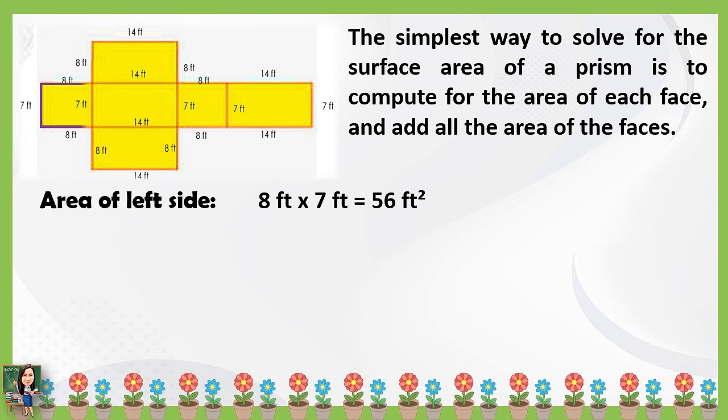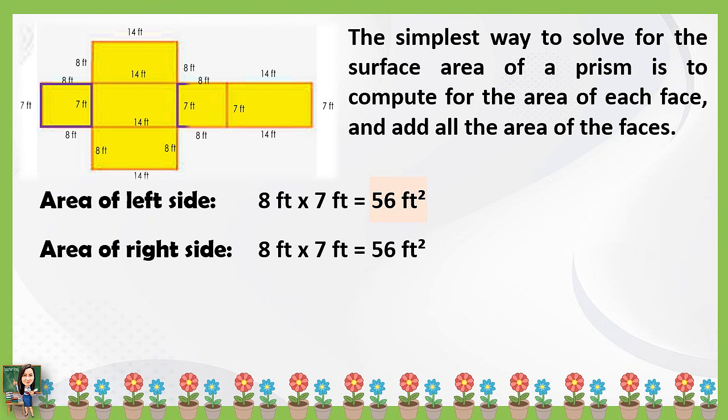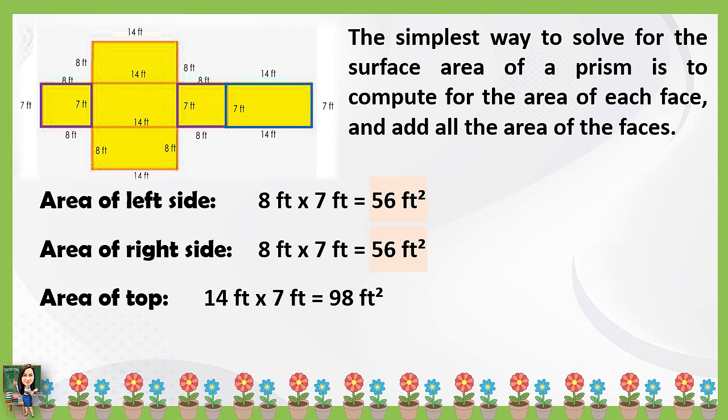The area of the left side is 8 feet multiplied by 7 feet equals 56 square feet. Area of right side, 8 feet times 7 feet equals 56 square feet. Area of top, 14 feet times 7 feet equals 98 square feet.